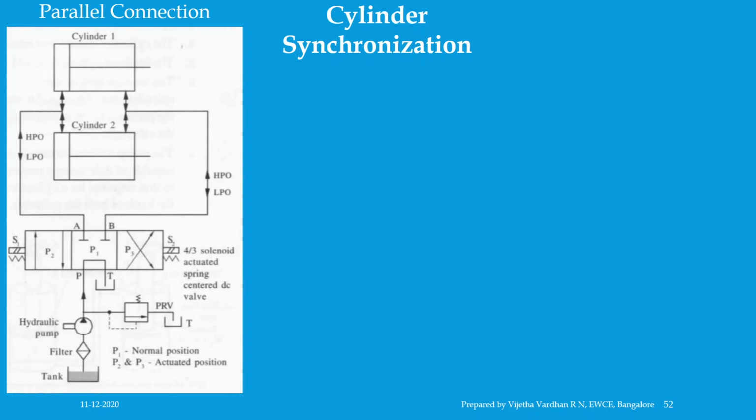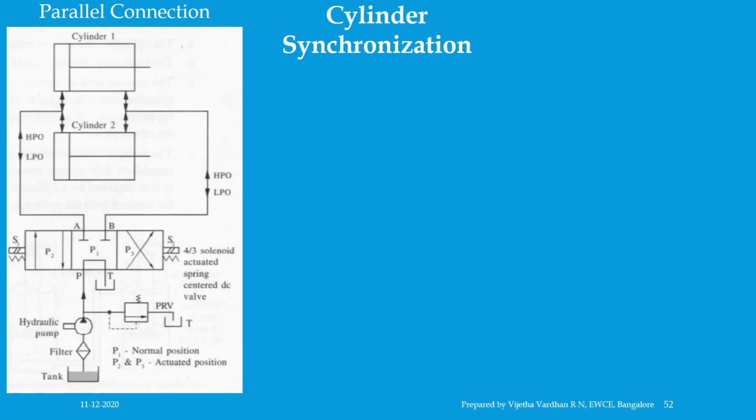Parallel connection method: if two cylinders extend and retract together at the same time and at the same speed against the same load condition, then it is said to be parallel synchronization. This is possible only when the inlet pressure and the discharge to the head end and rod end of the cylinders are the same.